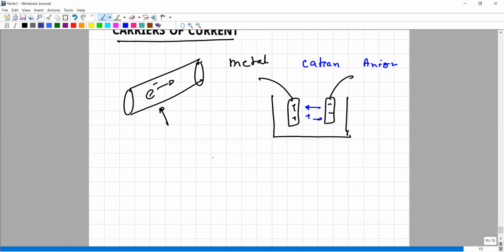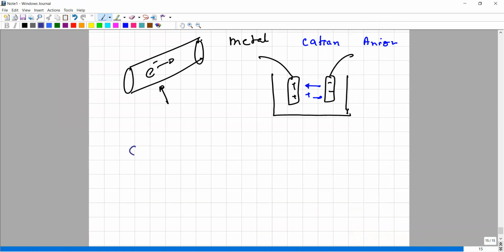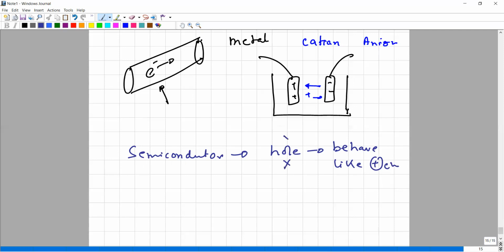In the last chapter, semiconductors, you will learn that there is something called a hole. A hole behaves like a positive charge. A hole is not a positive charge, it behaves like a positive charge.